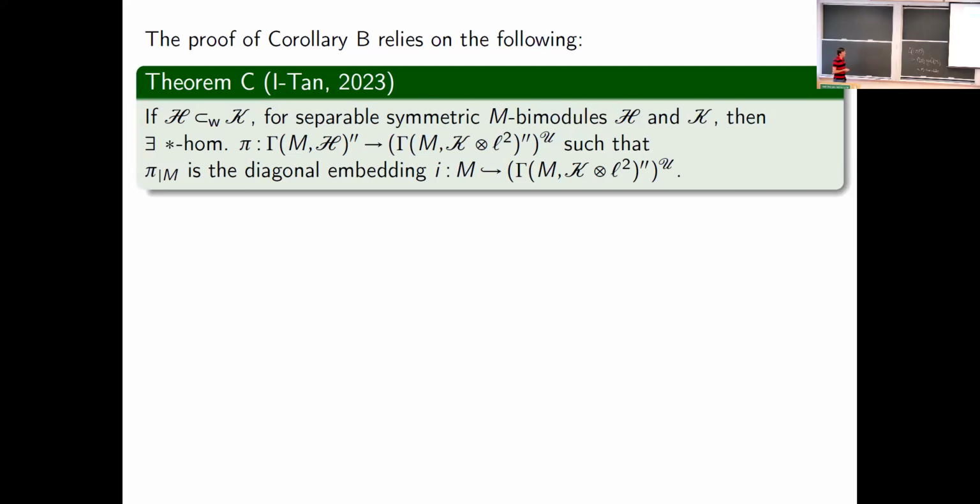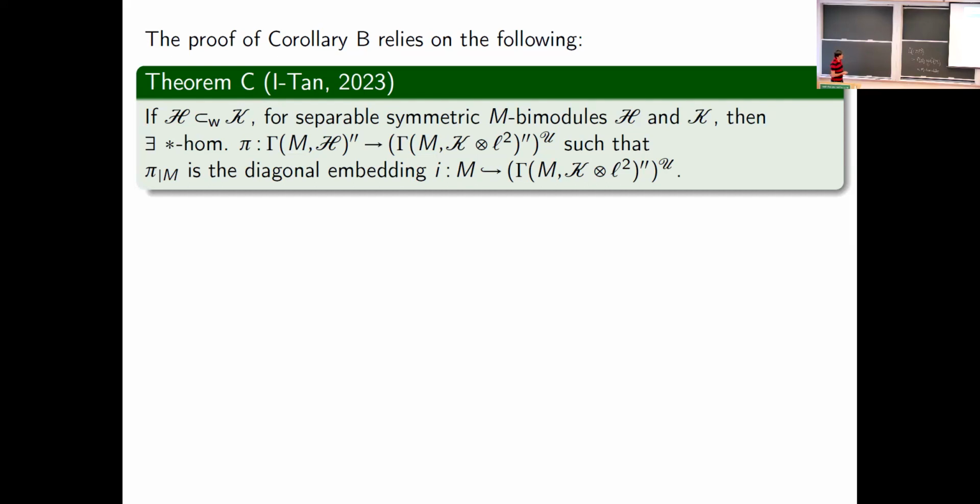This has to do with Shlachtenko's M-valued semicircular systems. So start with two bimodules H and K. If H is weakly contained in K for separable symmetric M bimodules H and K, then this implies something about the associated von Neumann algebras.